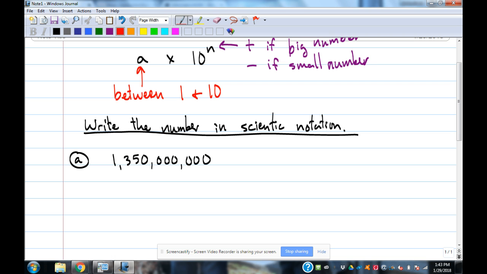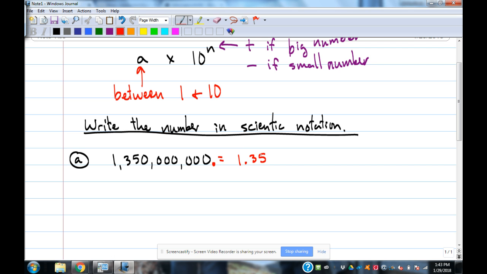All right, so this is a big number. So when we write it in scientific notation, the exponent on the 10 is going to be positive or negative? Positive, because it's a big number, right? So where does the decimal need to go when we put it in scientific notation? It's right here to begin with. It needs to be between 1 and 3. So 1.35.